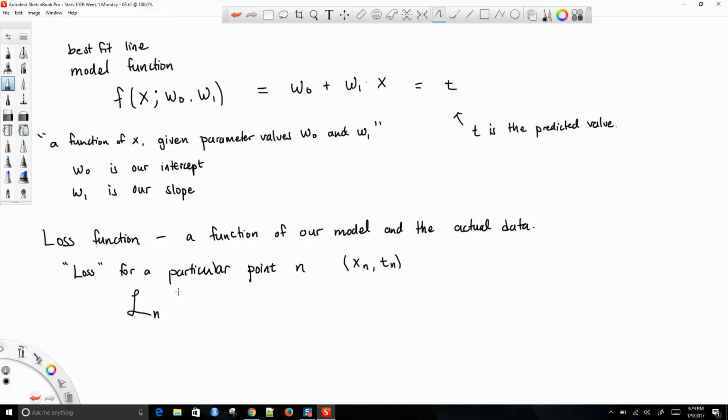This is a function between the actual data, which is t sub n at that point, and our model, f of x given w0 and w1. Does that make sense, the way it's written here?